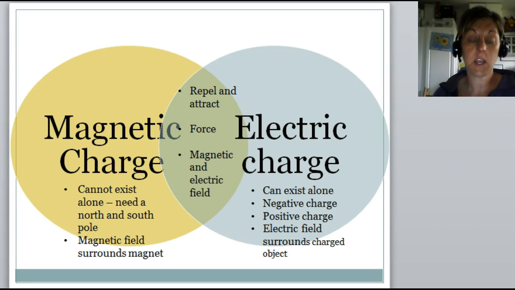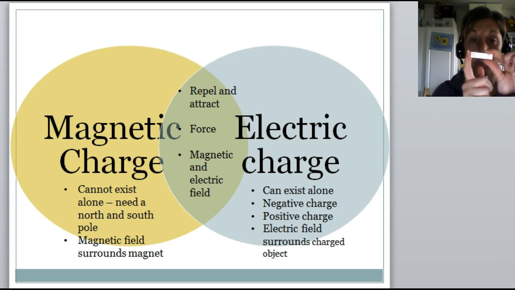Just to review that a little bit, if you weren't clear, or it was something that we didn't have a chance to go over in our last lesson, remember that a magnetic charge cannot exist by itself. Whether it's a bar magnet or a horseshoe magnet, it has a magnetic field that surrounds the entire magnet.